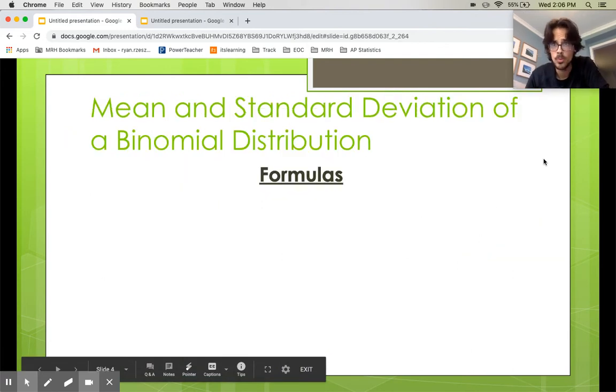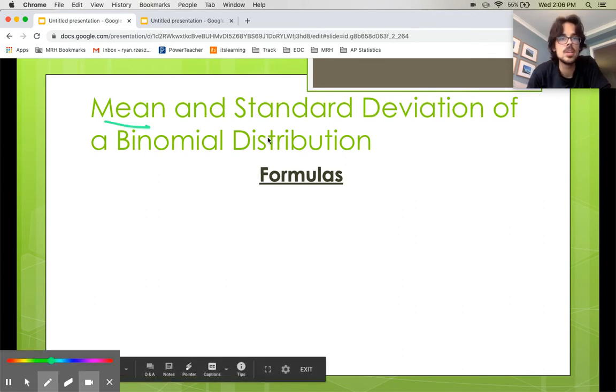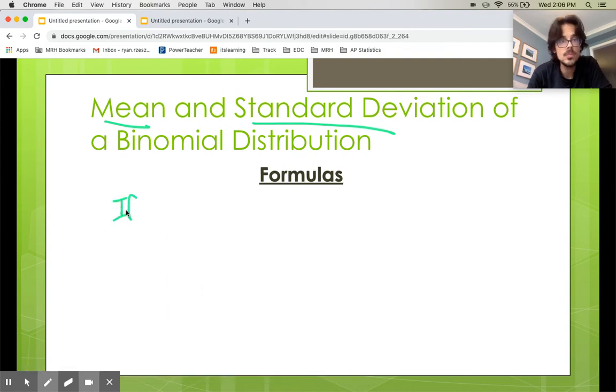So now we're moving on, and we're talking about the formulas for the mean and the standard deviation of a binomial random variable. So if x is a binomial random variable, the mean of x is going to equal n times p.